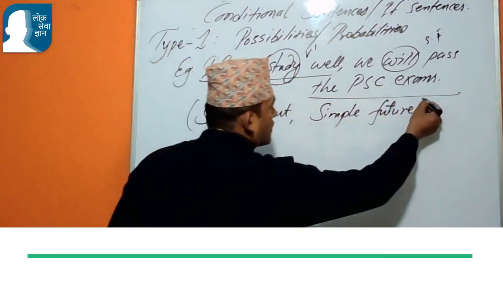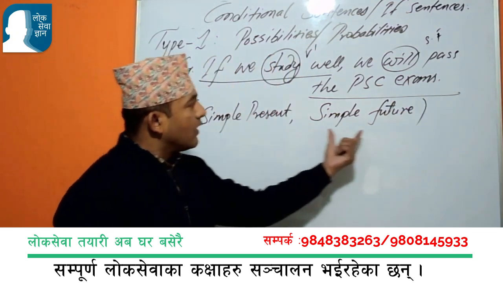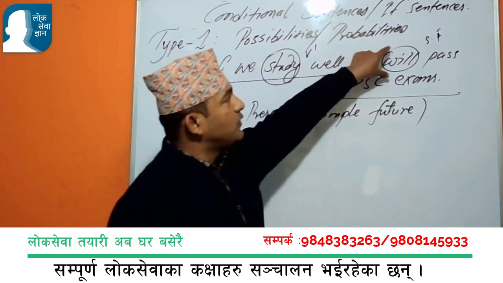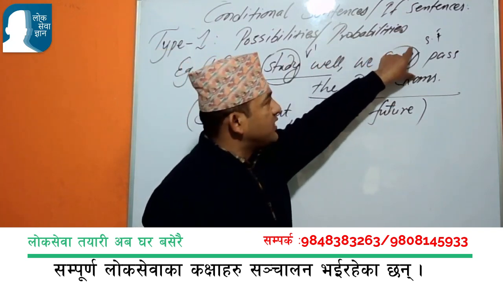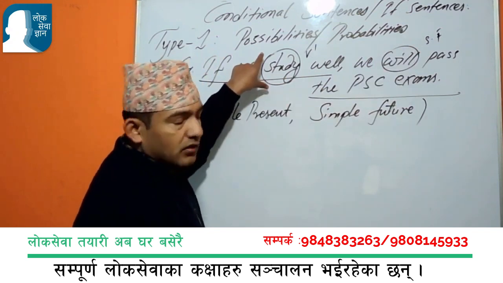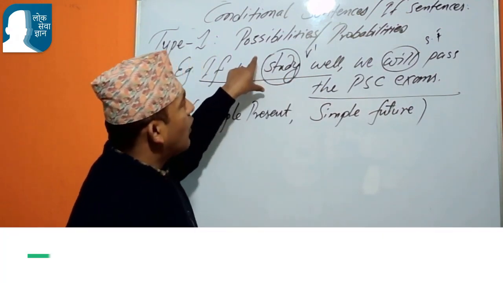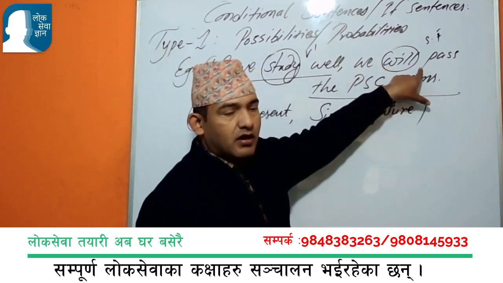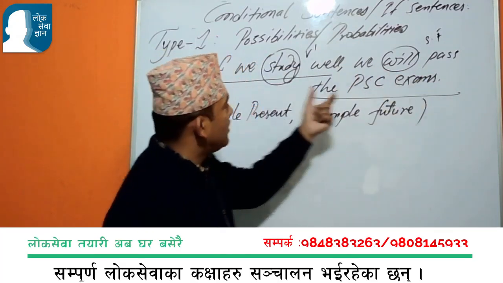If you see this structure, there must be something. If there is a blank in this section, and if you see simple future on this side, there must obviously be verb 1. Or if you see verb 1 on this side and a blank over here, it will be simple future.